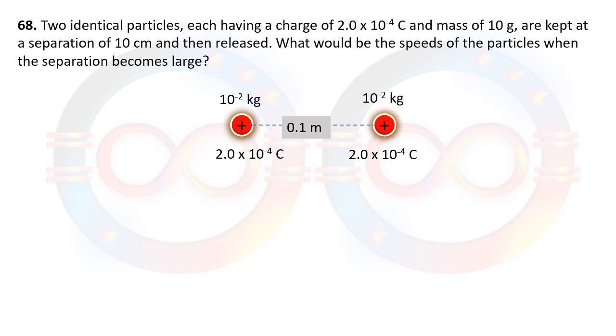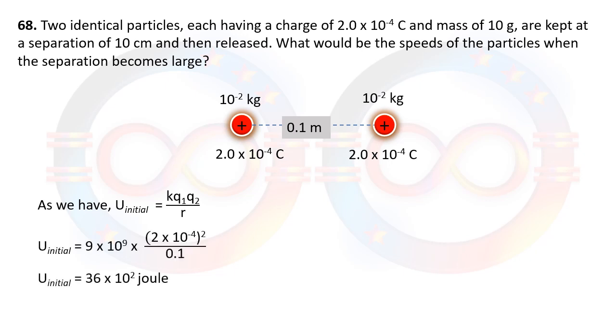so they will move away. So what we can do to calculate the value of speed, we can calculate total energy at 0.1 meter, and then total kinetic energy just after releasing them, because potential energy between these two is going to appear as kinetic energy. So if we are taking initial potential energy, it is k q1 q2 upon r and the value will be 36 into 10 raised to 2 joule.